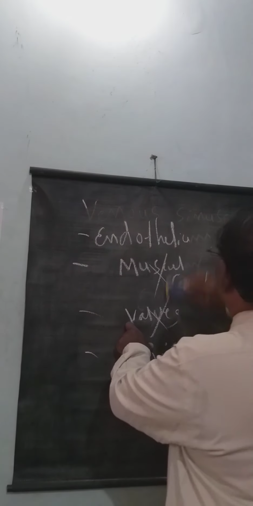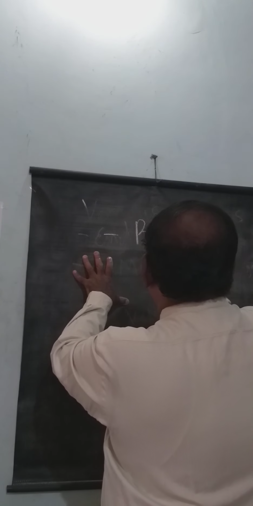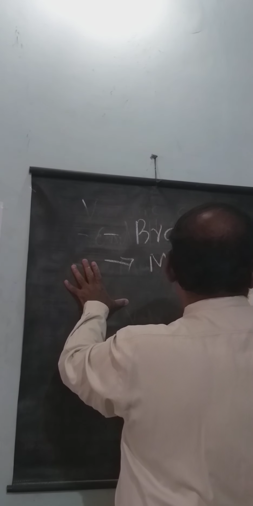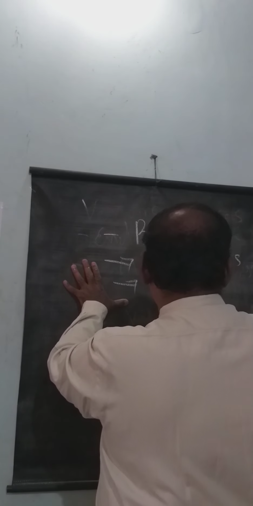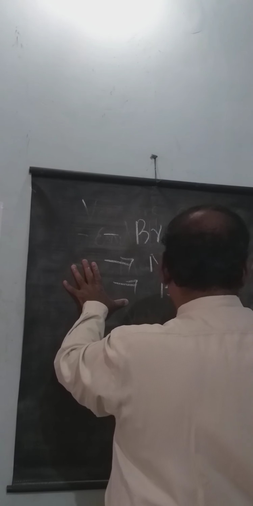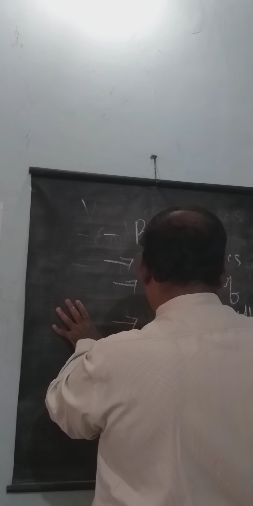These venous sinuses drain the blood from the brain, from the meninges, from the bones of the skull, and the CSF.